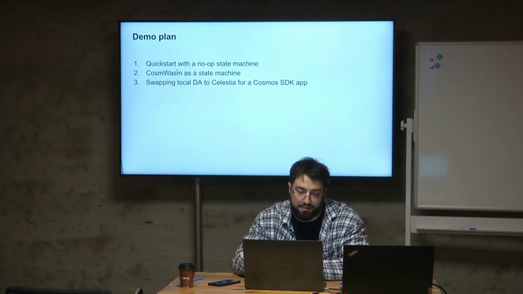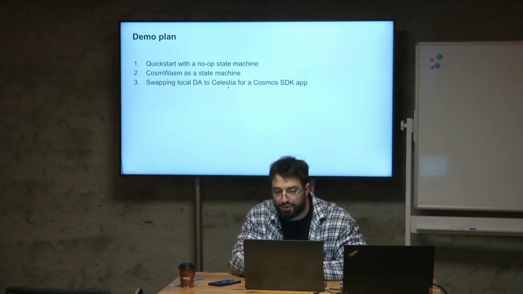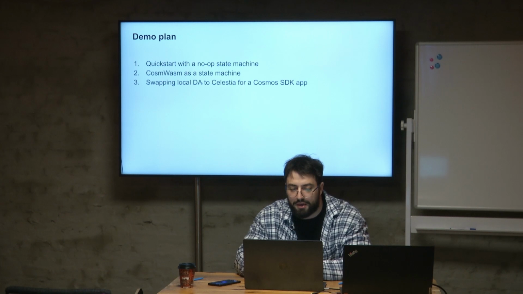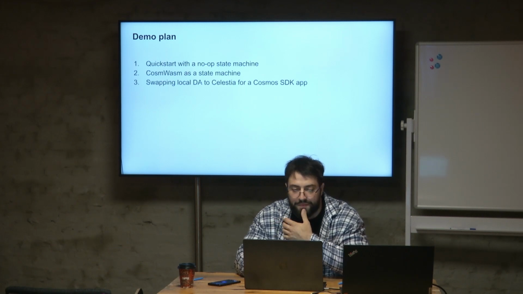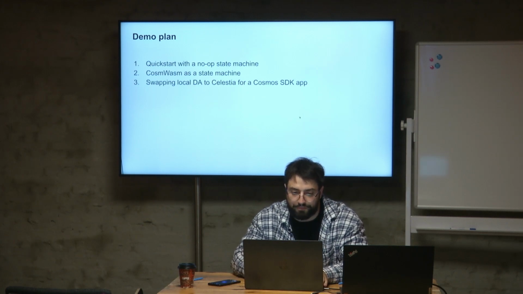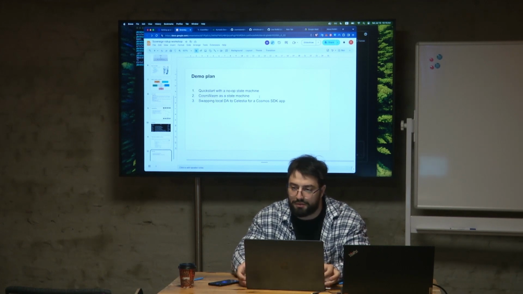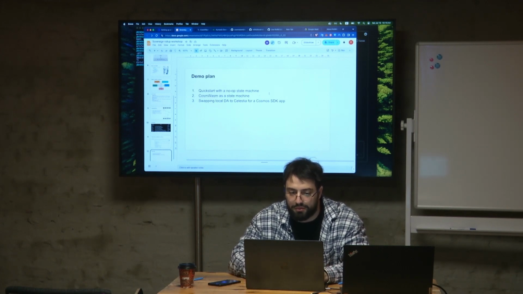Then I suggest we try to spin up the custom WASM as a state machine, like a custom WASM rollup. And later I want to show how we can swap the local DA, which is like a mock implementation of the DA, to Celestia for a Cosmos SDK app. Okay. And after that, we may have questions and maybe do something more if we have time. I think we are going to have time, as it's just 16 minutes.